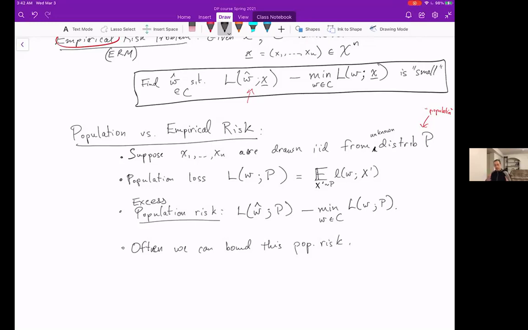And we'll talk about that distinction between empirical risk and population risk, and what kind of techniques allow us to go between them. But just to tie this into stuff you might have heard before, if I come up with some W hat, the difference between the empirical risk, which I know, and the population risk, which I don't know, is called the generalization error of my method, of my particular estimator, or particular W hat.